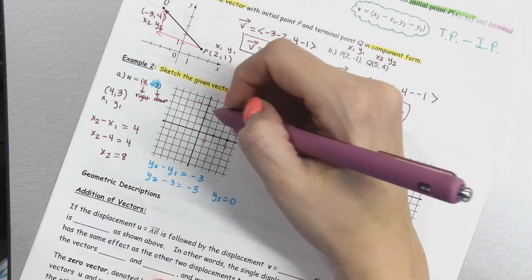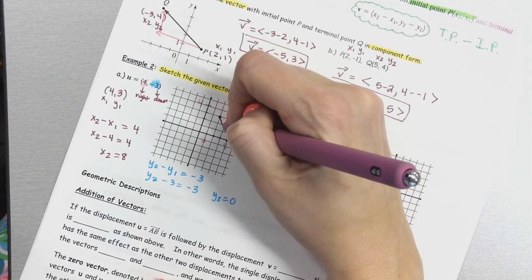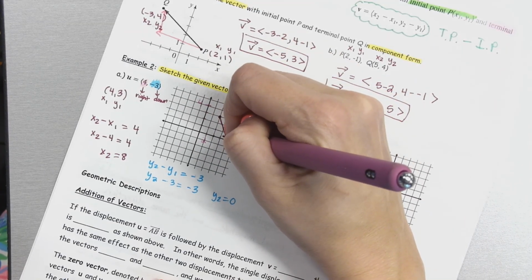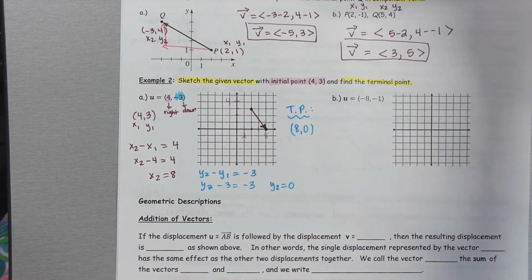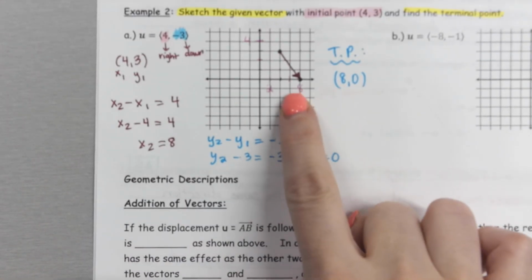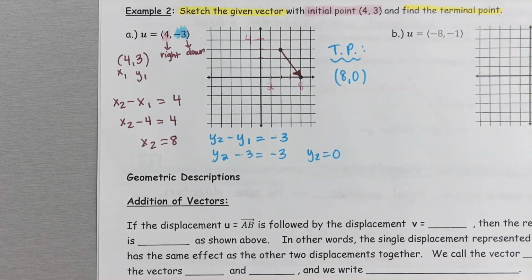And when you're sketching the vector, you're going to do a straight line, and then the arrow is pointed at the point. Don't make it past the point. You want it pointing right at the 8, 0 mark.